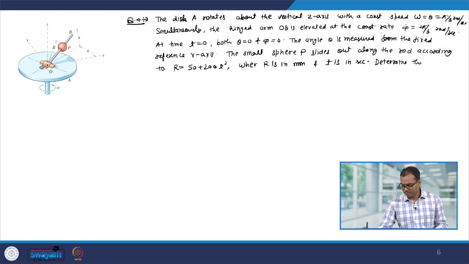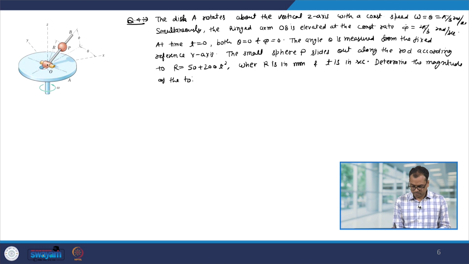Determine the magnitude of the total acceleration A of P when t is equal to half second.